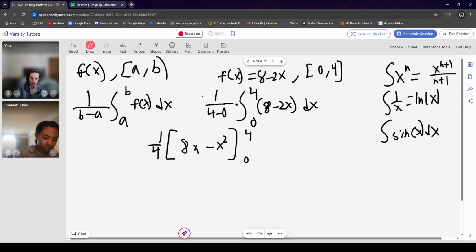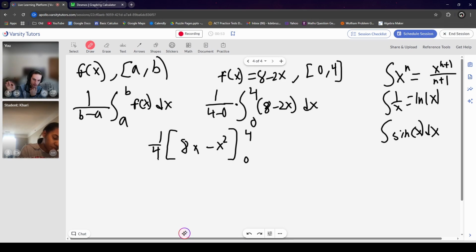Well, I don't know. Yeah, you can do it either way. I guess it doesn't really matter. You can either put the 1/4 in, and then it'll be 8 over 4 minus 2x over 4, and then do the integral that way. Or you can leave the 1/4 on the outside.